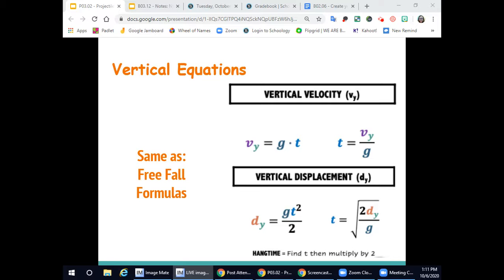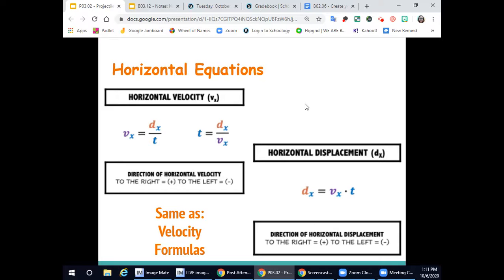So dx, x is horizontal, so we're going to look at our horizontal formulas. Which formula is going to help us solve for dx? Horizontal displacement. Good job. Dx equals Vx times t. Now, right off the bat, what's a problem you see? We need time. So I'm going to show you why this time won't work right here. T equals dx over Vx.